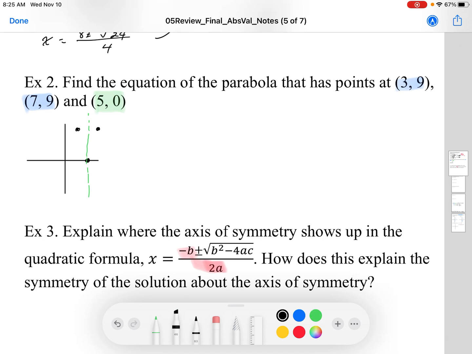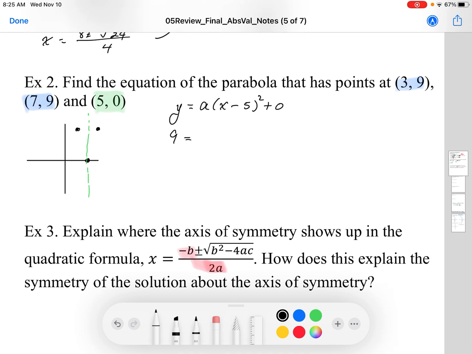Okay, so we can do this many different ways. If we recognize it's a vertex, we can just start with this equation and say that y equals a(x minus 5) squared plus 0, and solve for a by substituting in an x and y coordinate.